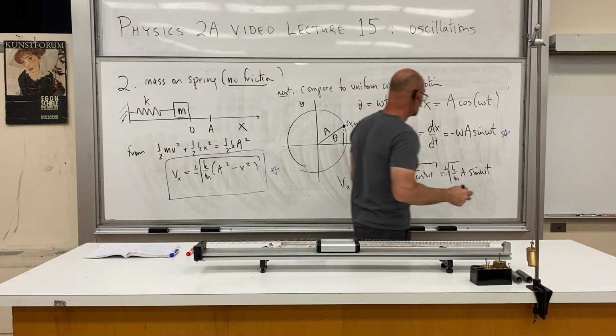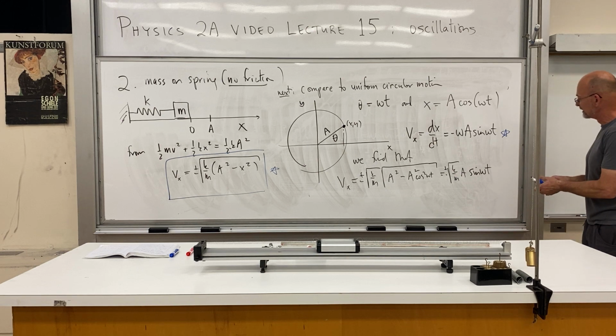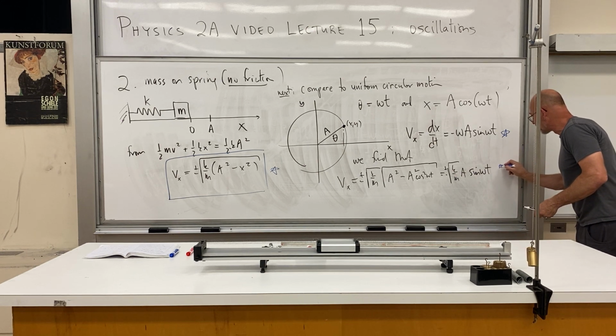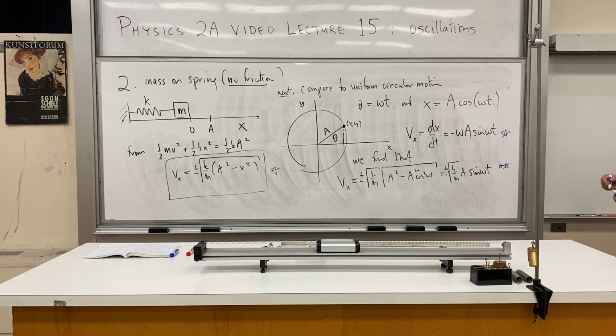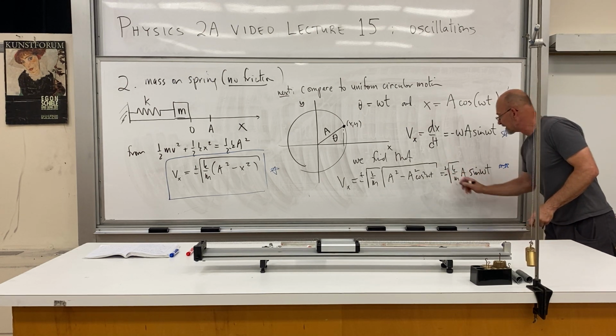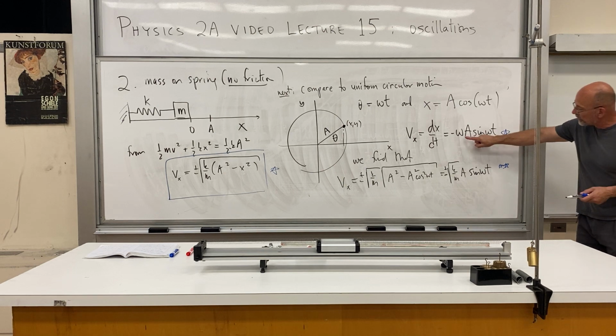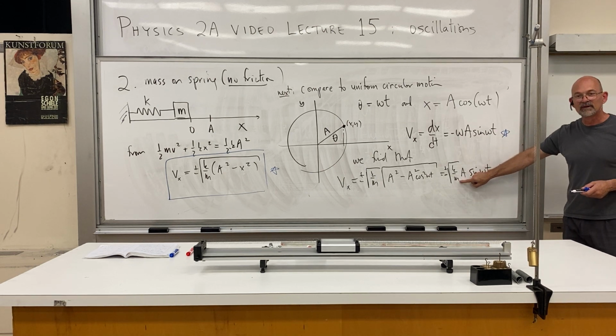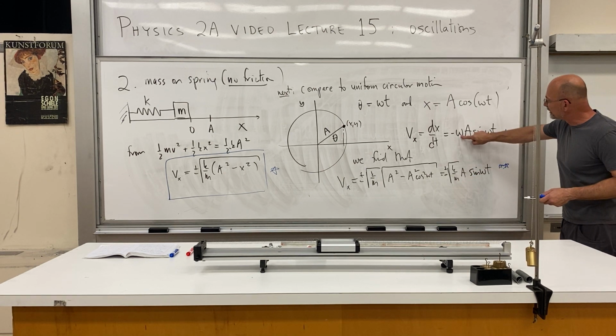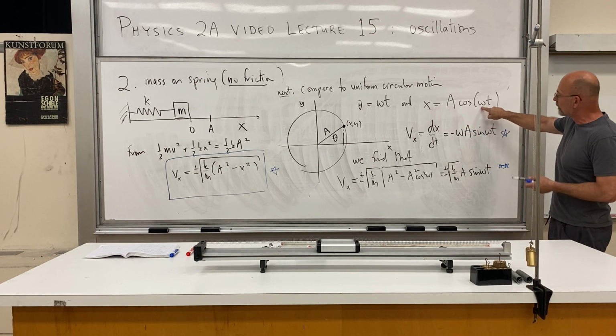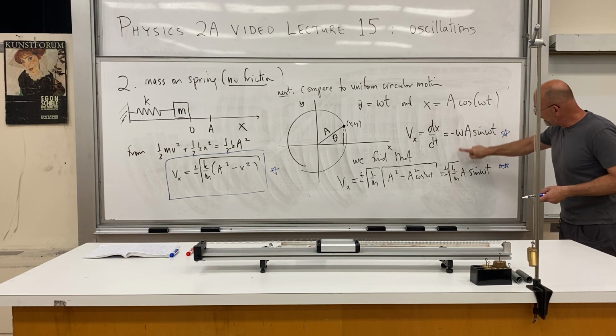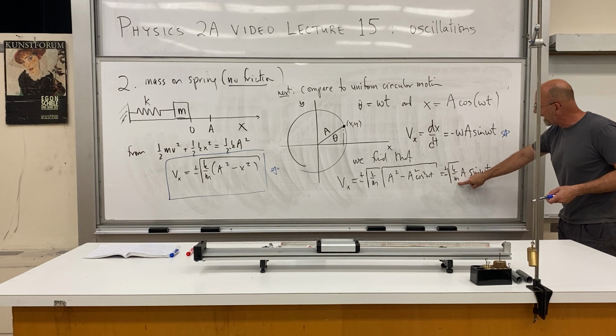And now we're going to compare these, star and double star. I put them right above each other, above and below, for a reason. Because the comparison tells us what this omega is. This is the big punchline. This omega here, just from uniform circular motion, is apparently equal to root k over m.